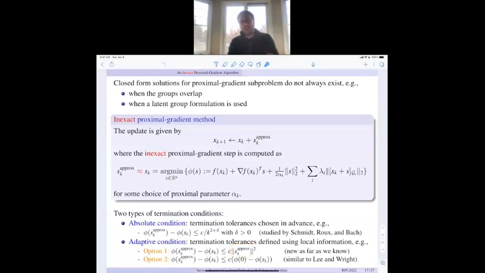Notice that, for example, option 1 here depends on sk, which is the exact proximal gradient step. That might not sound like it makes sense, because we're trying to avoid computing the exact proximal gradient step since it's not directly computable.